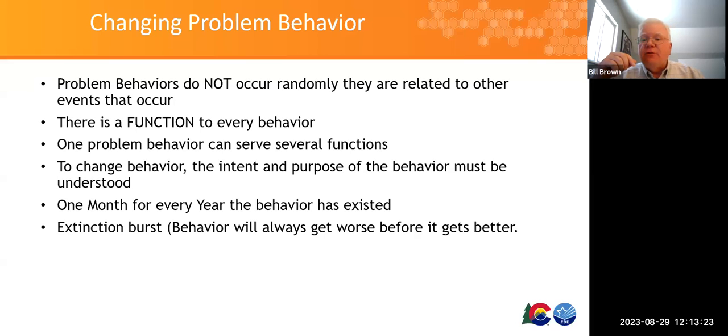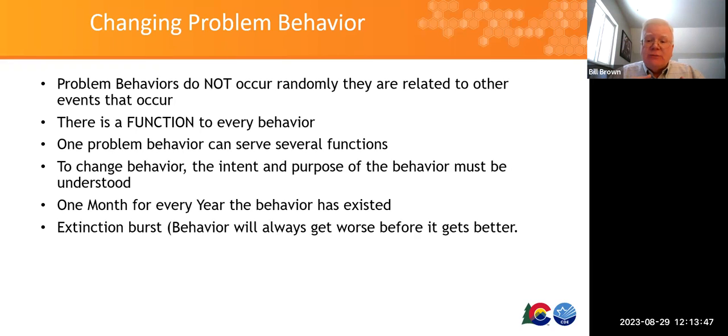We put a behavior program in place, and then acting out doesn't get their needs met anymore. So they're going to act out a little bit more to see if that gets their needs met. And then they're going to act out a little more and see if they're going to get their needs met. And they keep acting out more and more until they either get their needs met or until they figure out that the acting out behavior is not going to get them what they want.